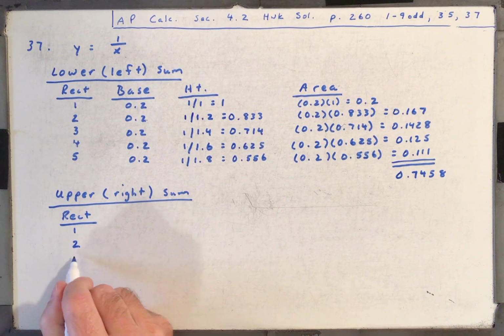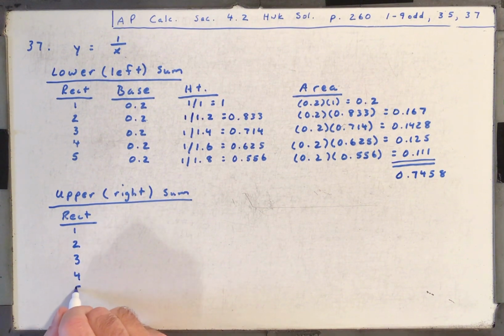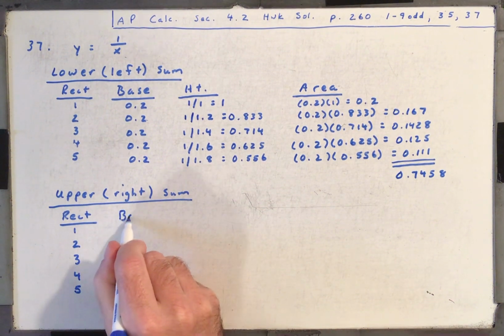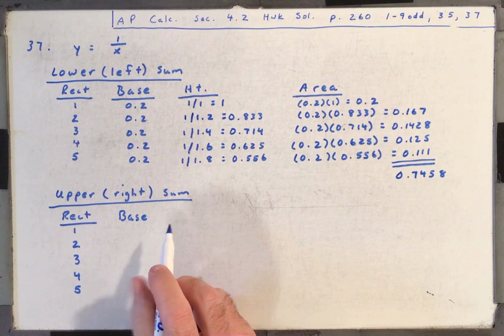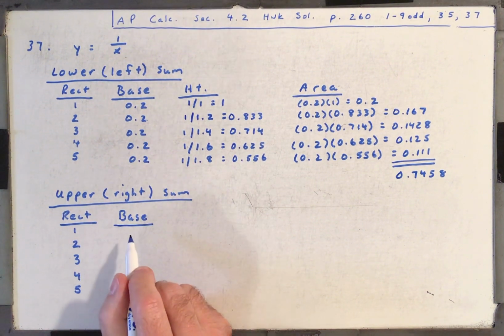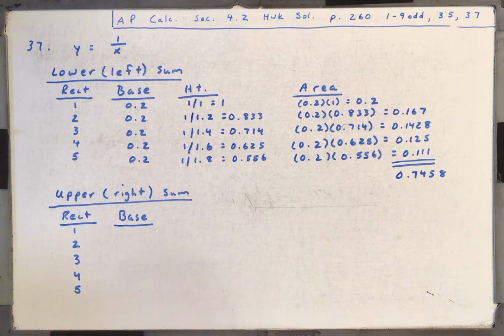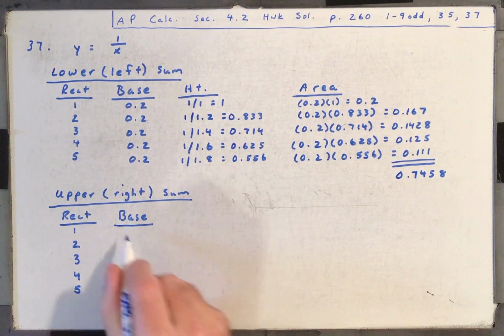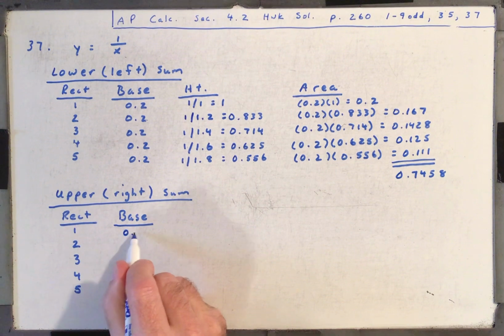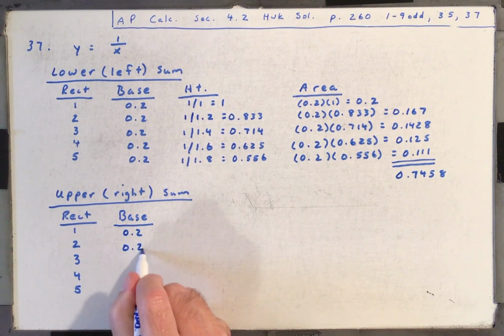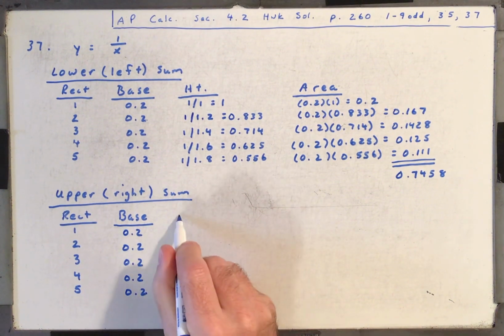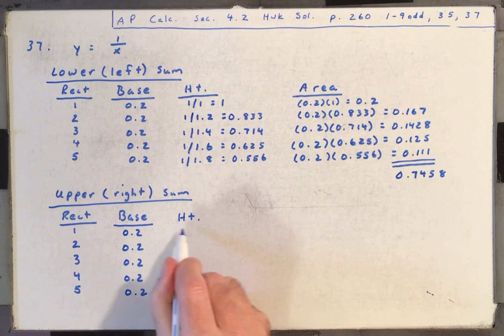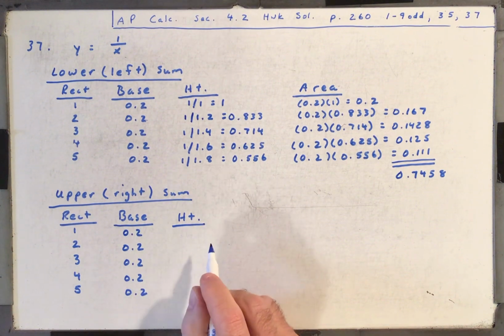So we do the same thing. The base of each is 0.2. The height.